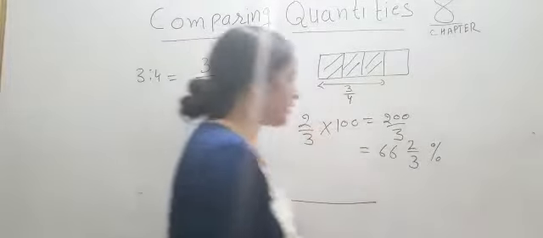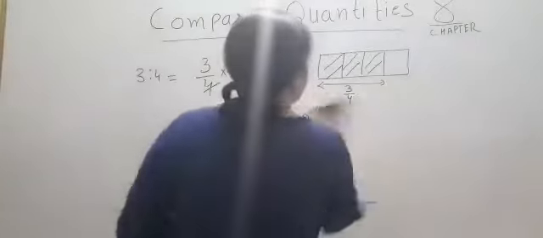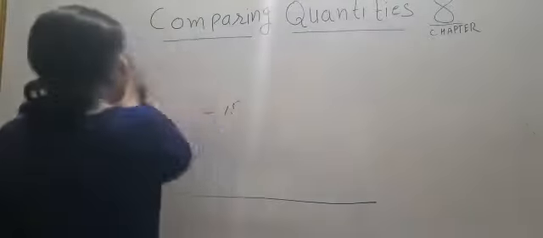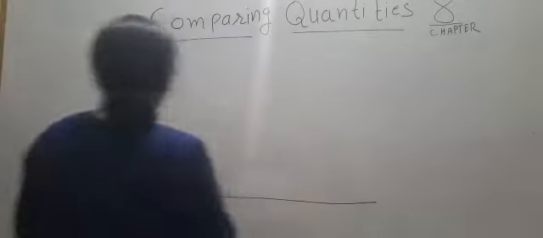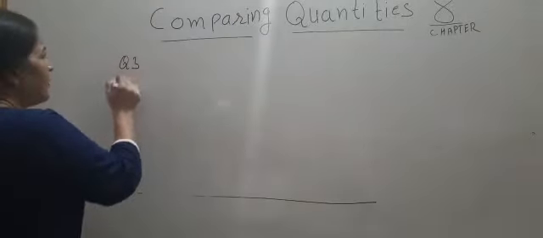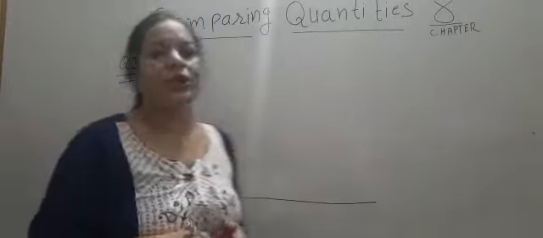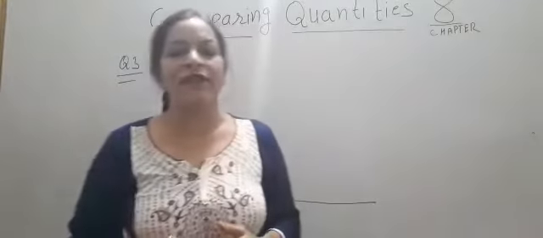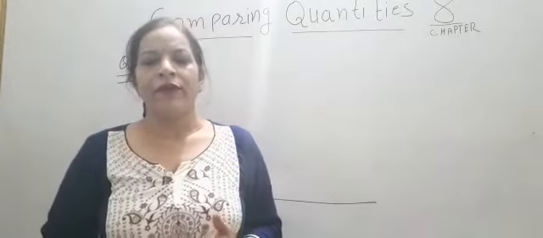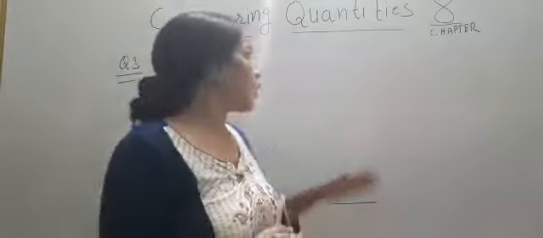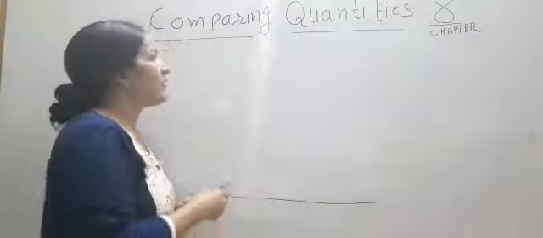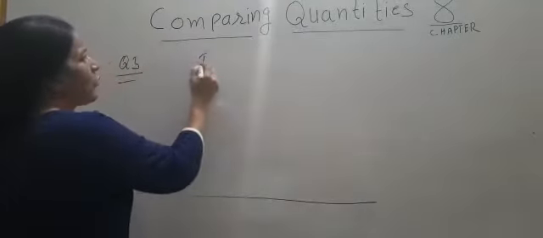Now question number 3. In question number 3 in the NCERT book, 72% of 25 students are good in maths. Total students are how many?